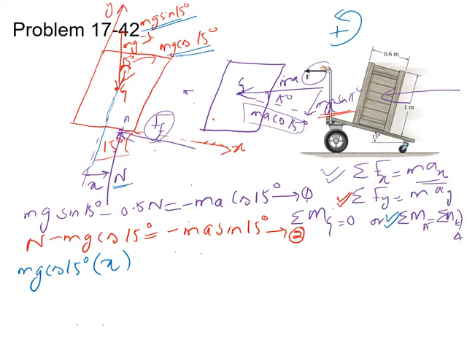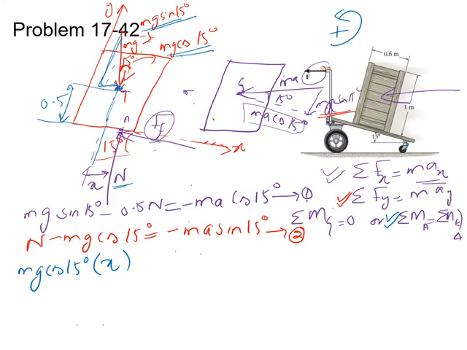Now because of the x component of the weight, the moment about point A will be from this component acting at point G, and the distance from point G to point A is 0.5.